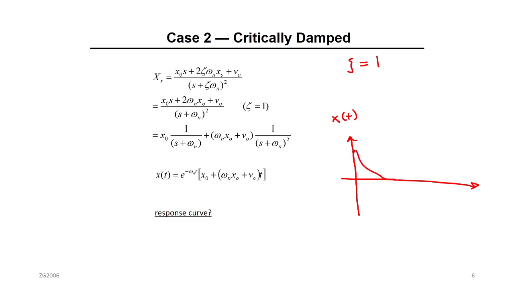Again, it's not very accurate. Okay, exponential decaying. Yes, this one is more clear. This is the time, and this is the initial value. Very simple. We call this critical response.